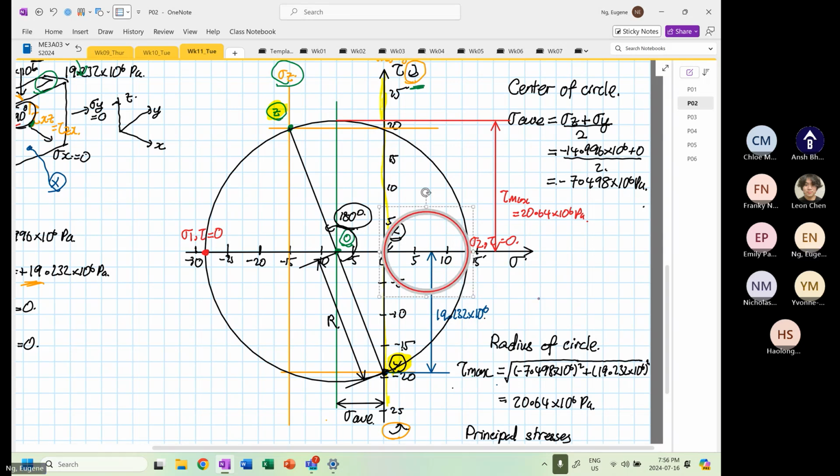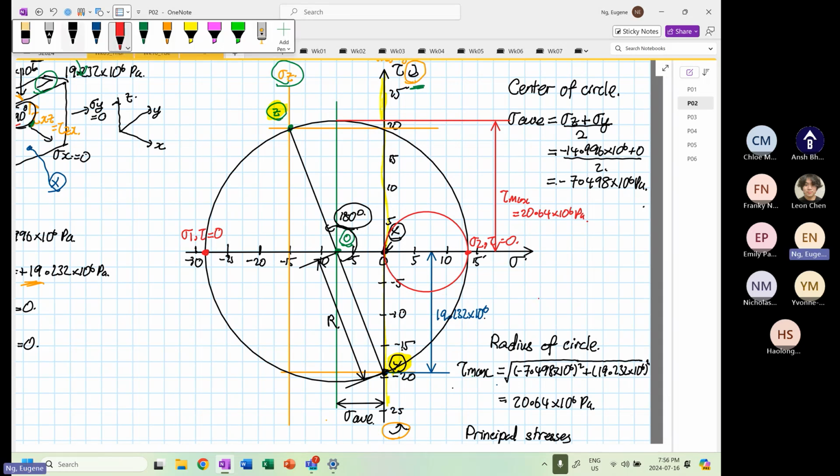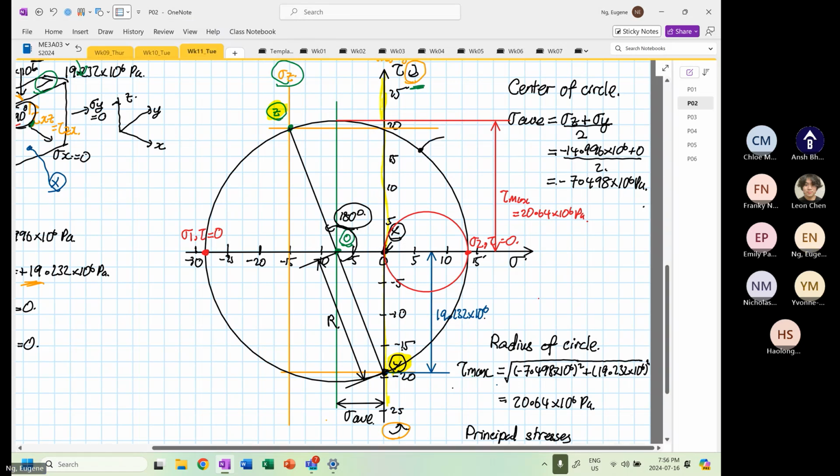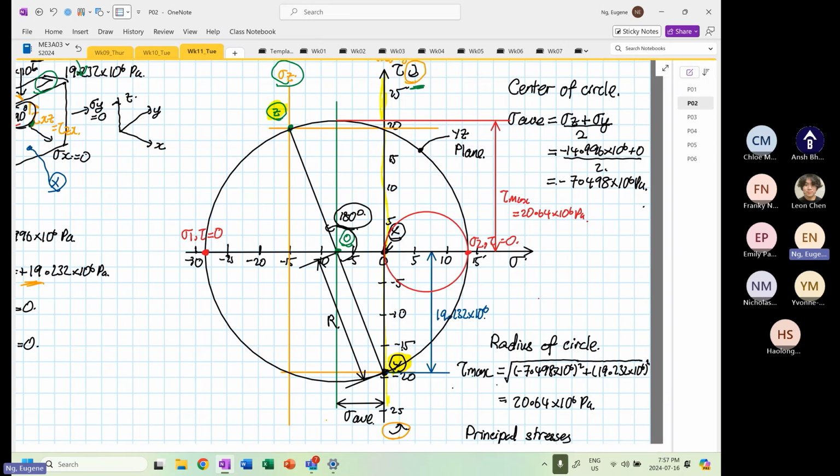Okay. So I do apologize. I did not label the circles first. Okay. So this big circle over here belongs to the YZ plane. Later on, when I teach you 3D Mohr's circle, I will teach you how to label. Okay, so not yet. It's just to let you see what 3D Mohr's circle is. This circle over here belongs to the XY plane.